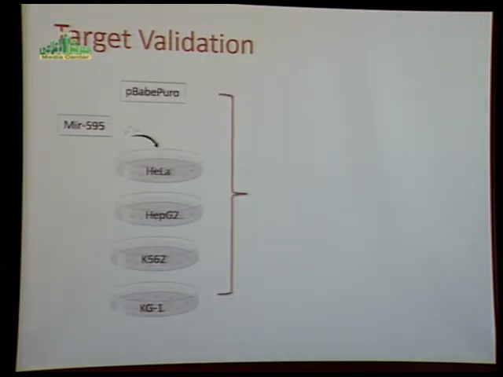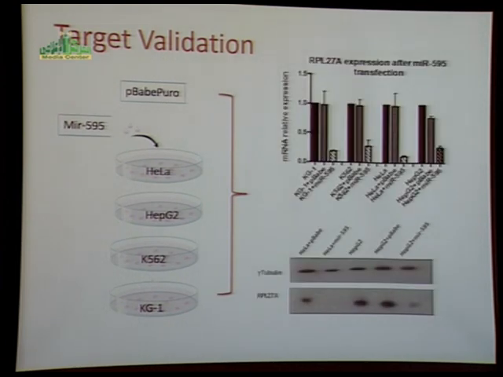Therefore, I transfected 4 different cell lines with the microRNA and with the empty vector as a control. The result has shown that the microRNA down-regulates the target gene, which is the normal relation between a microRNA and its target gene. If the microRNA is up, the target gene should be down.